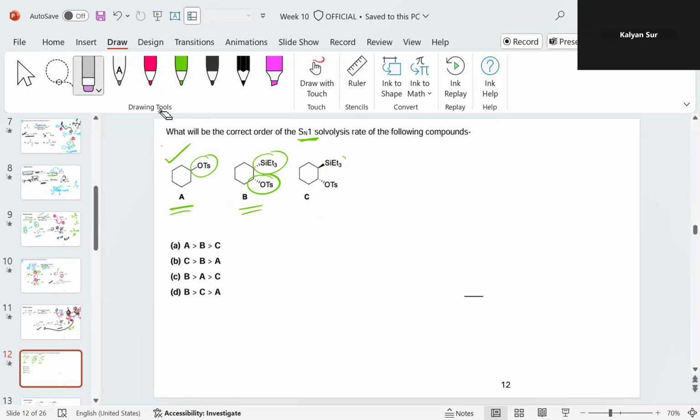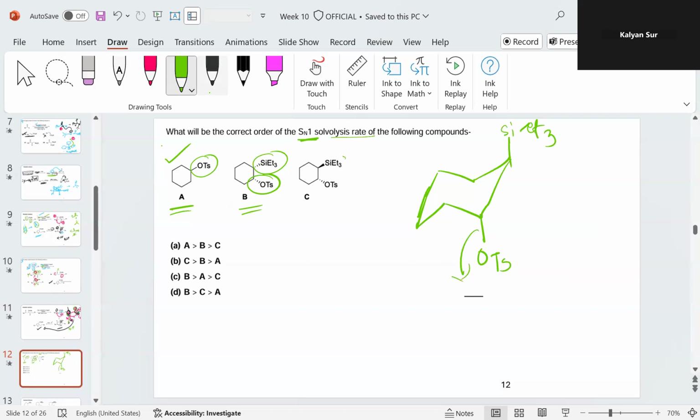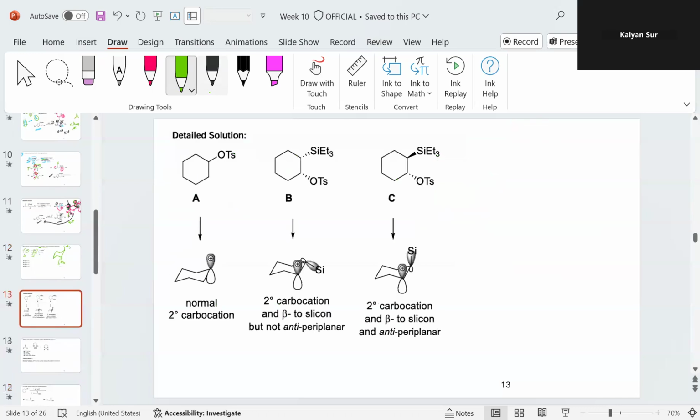If you look at solvolysis in the SN1 fashion, we need to draw these compounds in this fashion. Let's say this is the OTs, and here this is the SiEt3. For the solvolysis to take place, elimination of the OTs group needs to take place to form the carbocation.